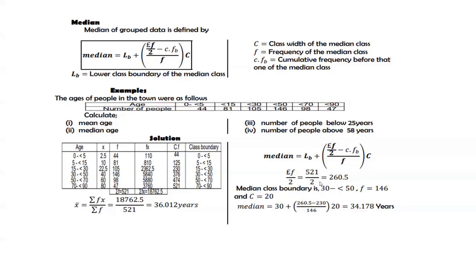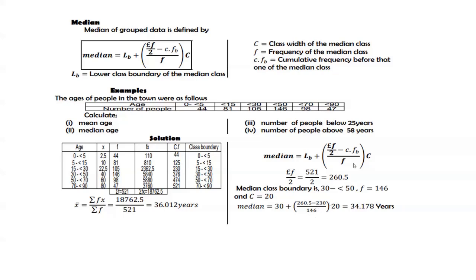The lower class boundary is 30, that's why we are putting it here. Then the sum of frequency divided by 2 is 260.5 minus the cumulative frequency before the median class. The median class we said is here, 376, 30 to less 50. So the cumulative frequency before it is 230. So that's why we are putting 230 here.